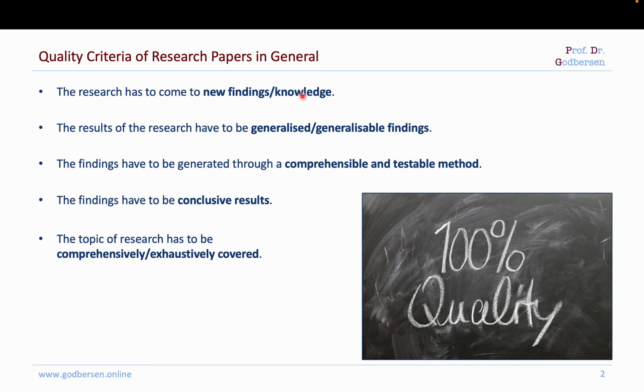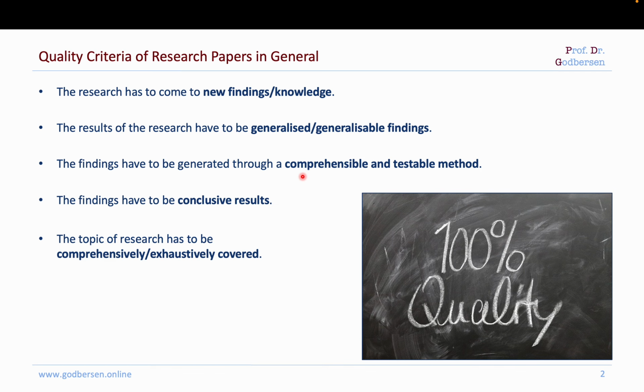Now let's assume you come to new findings and these are generalizable. Happy days. You definitely need to explain to the reader how you get to these results. Therefore, you need to have a comprehensible and a testable method. And there's another perspective on it. You're not God. You're not telling the people how the world is, and that's the absolute truth. Even as a researcher, you're just a human being and you might fail with your statements.